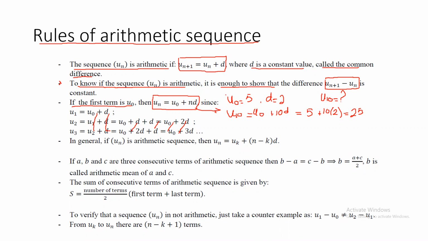For example, if u_0 equals 5 and d equals 2, I need to calculate u_10. I replaced n with 10 in this equation. u_10 equals u_0 plus 10d. Then I calculate u_10. I can calculate any term.